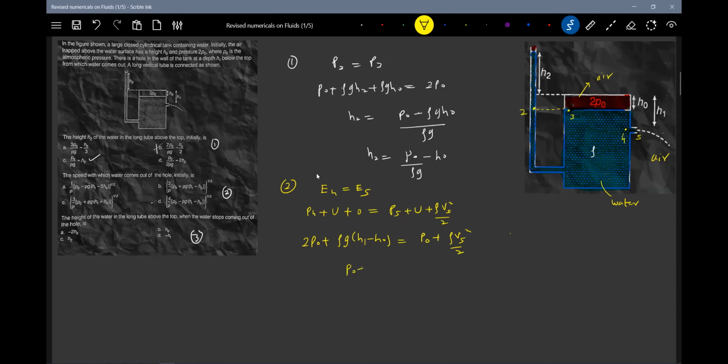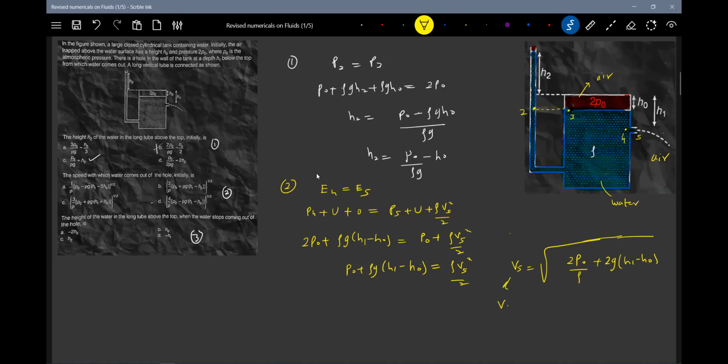Okay, this will be P naught plus rho G H1 minus H naught. V5 square will be 2 P naught by rho plus, rho will get cancelled, so 2G H1 minus H naught.